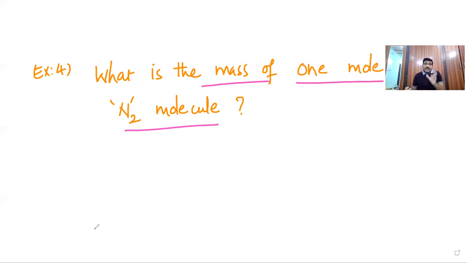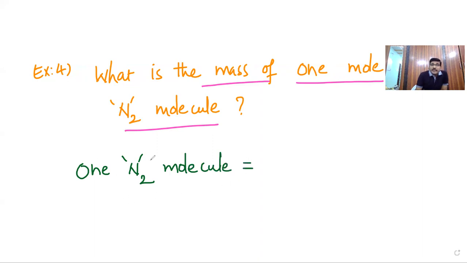Now observe, it is a molecule. One N2 molecule of nitrogen. N2 stands for nitrogen. Nitrogen molecule consists of how many atoms? 2 atoms of nitrogen.